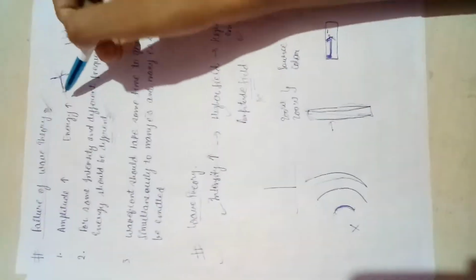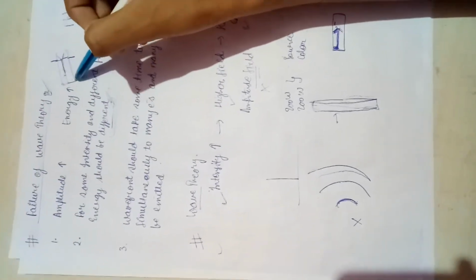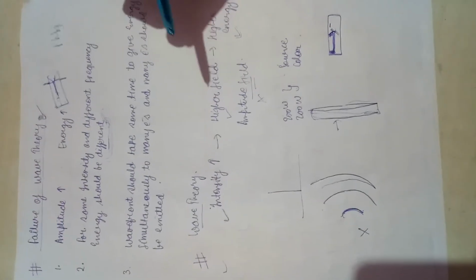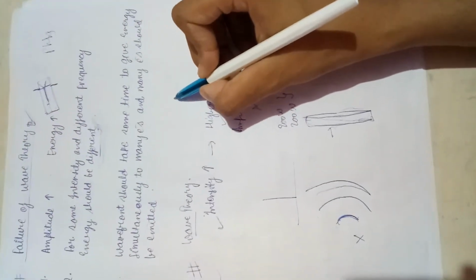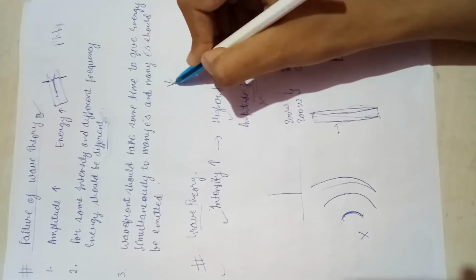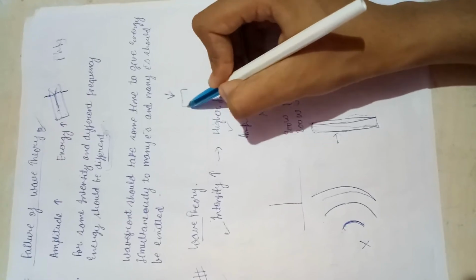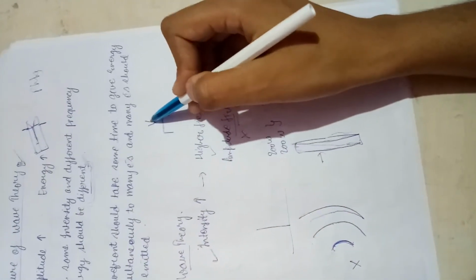Mainly, it was a single medium where the experiment was going on. But in this experiment, a photon is coming, or you can say waves are coming, and they are striking a metal surface. See, there is a change in the medium.